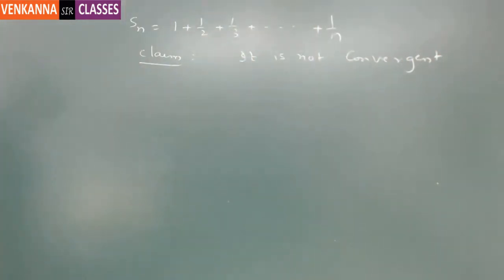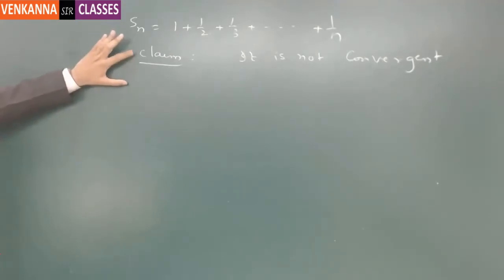So this is the problem given to you. I have a sequence Sn. The nth term of the sequence is defined like this, and I am asking you to prove that the sequence is not convergent. This is the task given to you.